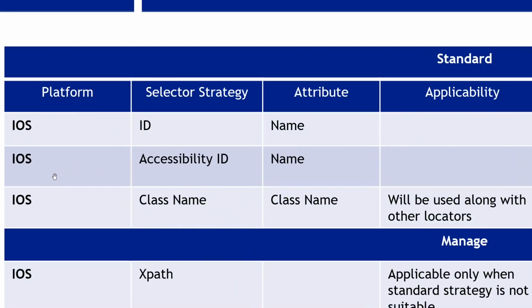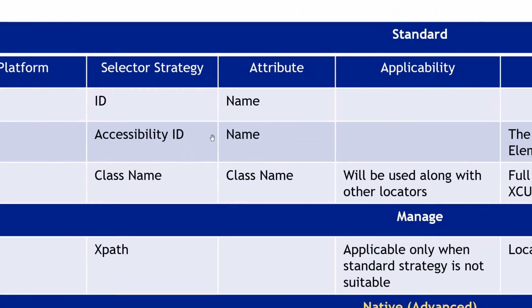In Android also we have seen ID, name, and class name, and accessibility ID. We have seen similar strategies, but ID will have the name value, and class name will have the class name value, whereas accessibility ID will have the name value.